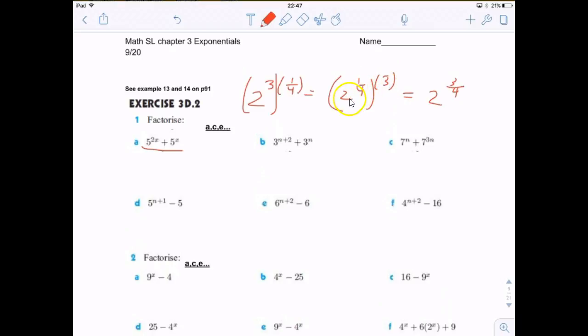So you could have it as 2 to the 1/4 to the third, and it's also the same thing as 2 to the third to the 1/4. We've studied that in the last couple days. So just remember, you can reverse these exponents in a different order whenever it's convenient for you. You can multiply them together, you can factor them.